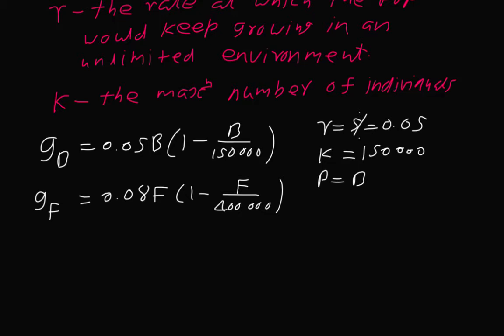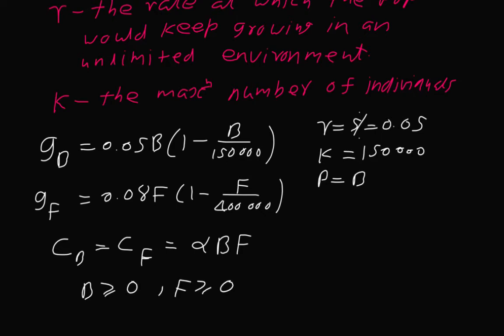And also CB, the effect of competition on blue whales, and the fin whales, both must be equal. So we can write down, I use alpha, which is just a positive real constant, alpha times B F. So you know very clearly B greater than or equal to 0 and F greater than or equal to 0.